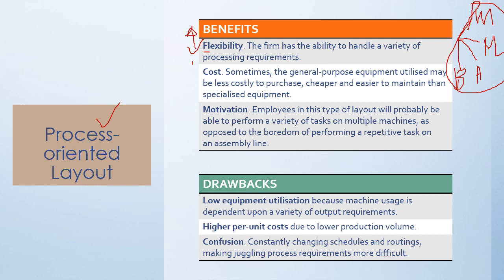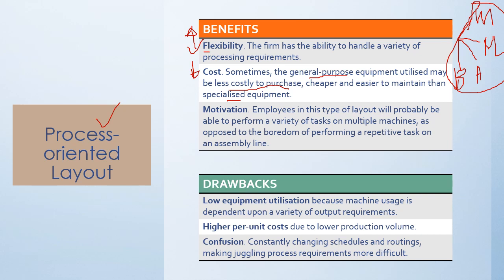In terms of cost, it reduces cost. Why? Because the company is only using general purpose equipment. So it is less costly to purchase compared to specialized equipment. So process layout is using general purpose equipment, as I mentioned earlier in process focus strategy, such as printing. Okay, printing equipment.